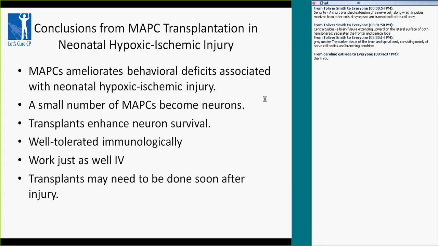Looking at MAPC transplantation and neonatal hypoxic ischemic injury, we've seen with different behavioral testing, we primarily in our lab work with the rotorod. The rotorod is essentially like a treadmill. The rats are placed on a round cylinder, and it accelerates.